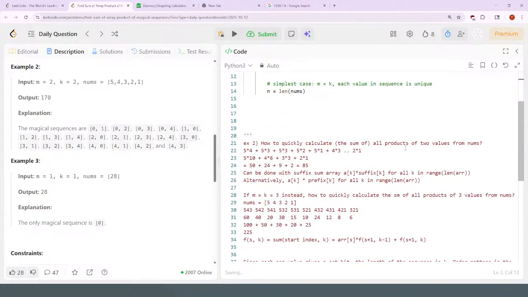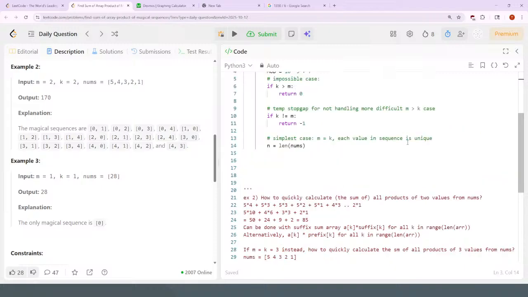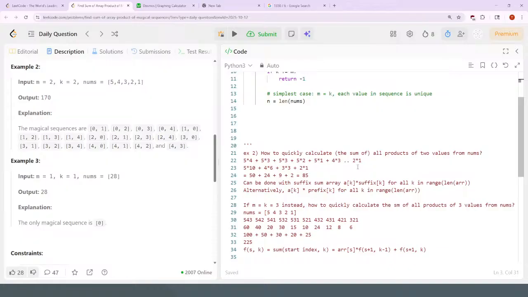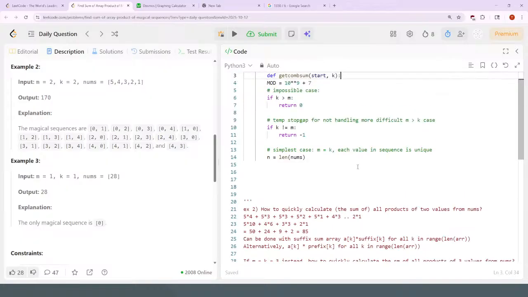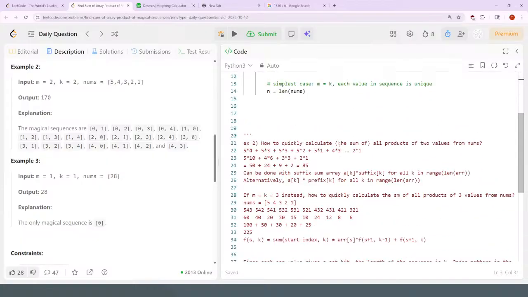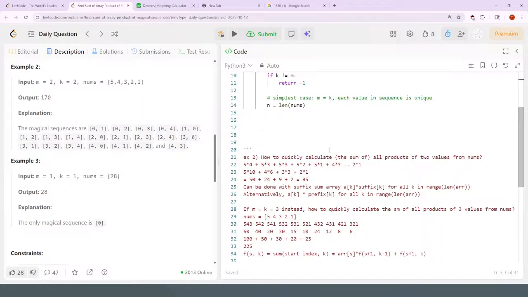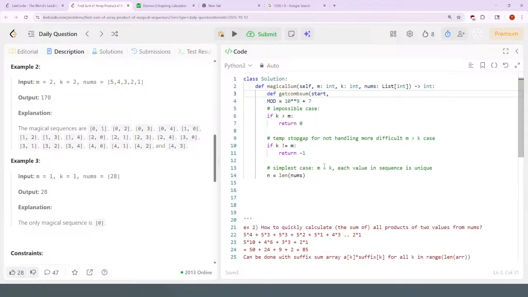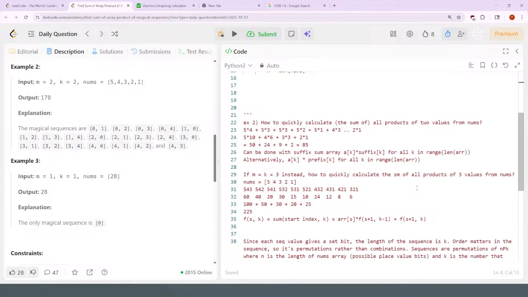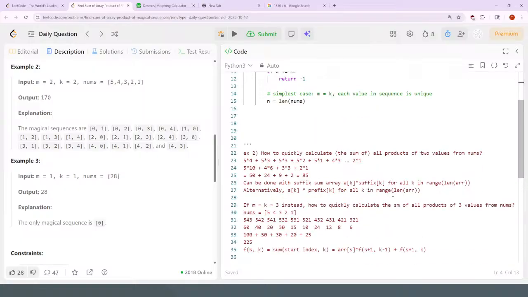So let's say get combination sum for start index and k, or let's say k is not used here. Say it's p, I guess r, yeah, r, and that's simply going to be, I guess I need to do a base case. This is recursive.